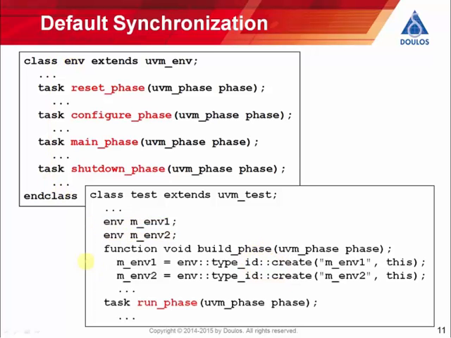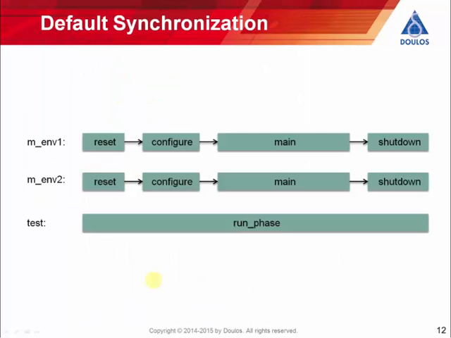And then, just because we can, in the test, we've also overridden the run phase method. This is just to show that you can actually mix and match the old run phase carried over from OVM with the new style UVM runtime phases. So let's see what happens in pictures. What's going to happen now is that the 4 runtime phase methods, reset, configure, main and shutdown, get synchronized across our 2 envs.